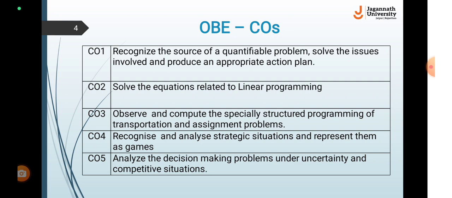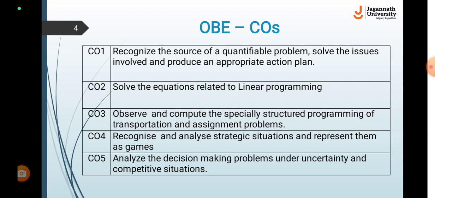The second course outcome is to solve the equations related to linear programming. Problem formulation, the graphical method of solution, the simplex method, and duality and sensitivity analysis will be the core topics for this outcome.